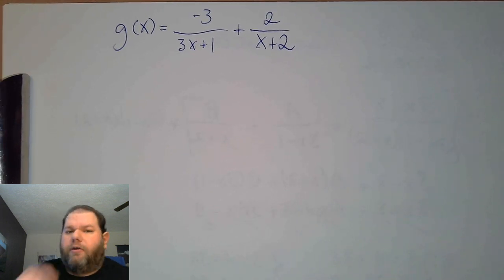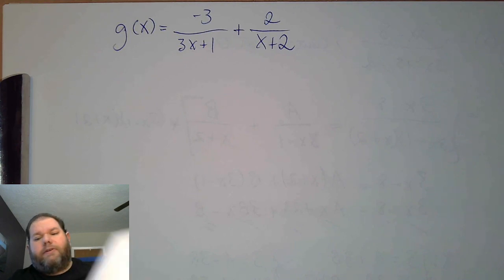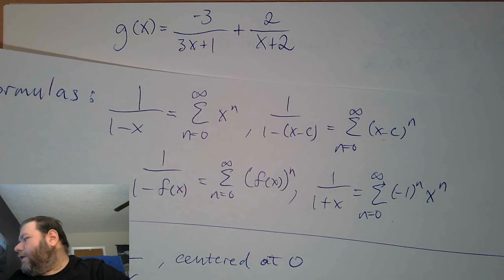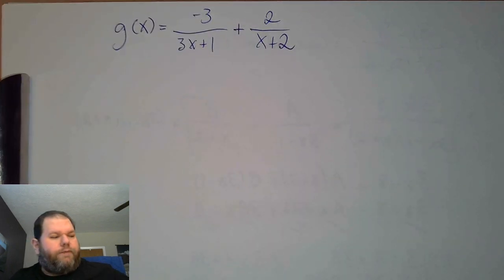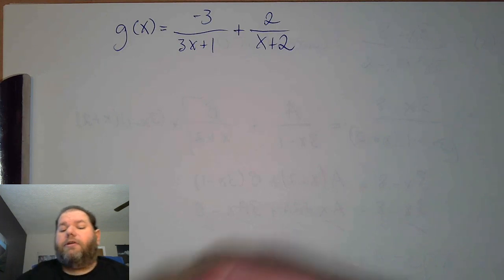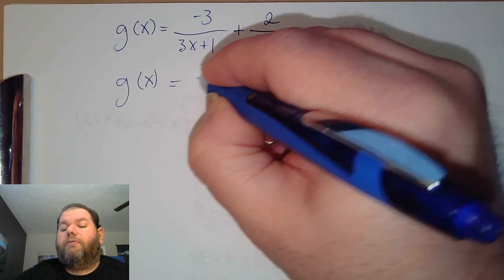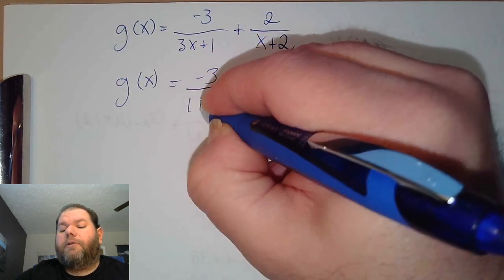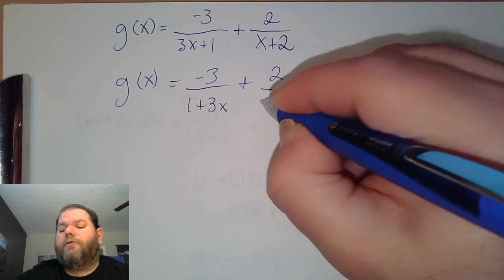Now, one thing that we'll notice, and again, if we look at our formulas, we always have x second in our formulas, so let's go ahead and switch up that order first, just to get it back to what we're used to seeing. So it would be negative 3 over 1 plus 3x plus 2 over 2 plus x.